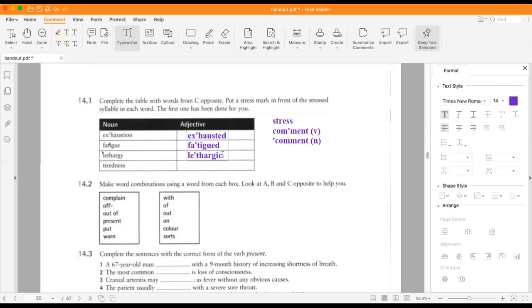Lethargic, all right? So the stress is on the second part. For the last word, tiredness, the stress is on the first syllable, and also in the adjective, the stress is on the first syllable. The adjective of tiredness is, of course, tired.